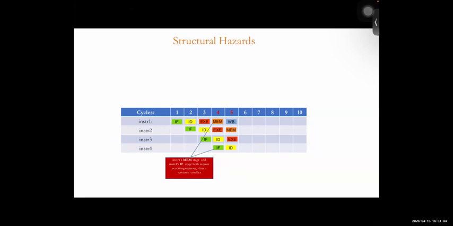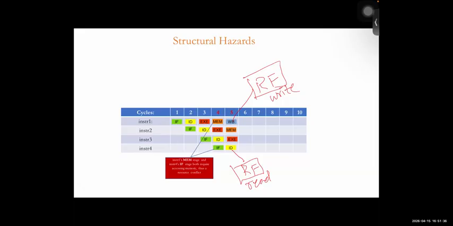You can see instruction 1 is writing the data into the register file, and instruction 4 is trying to read the data from the register file. Correct? Here the data is being read, and here the data is being written into the register file.